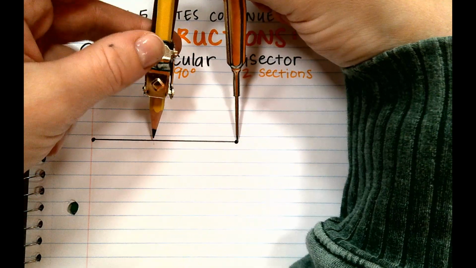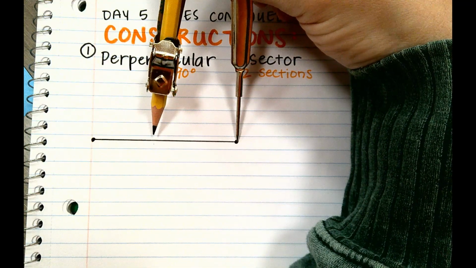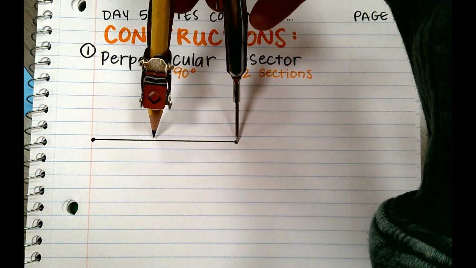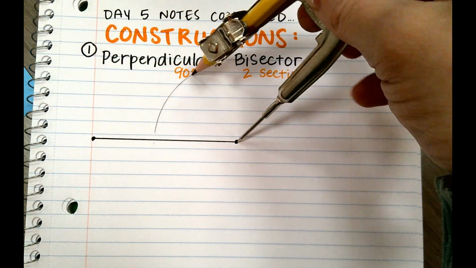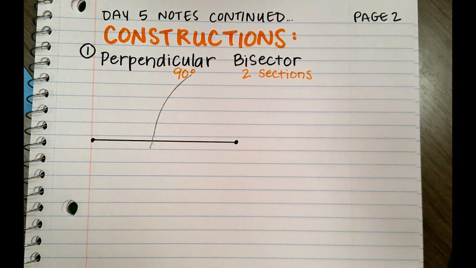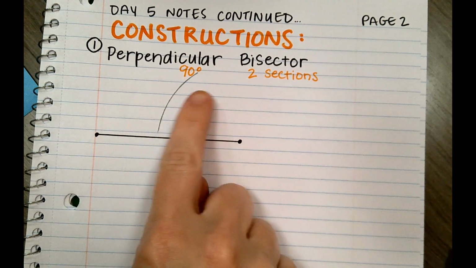I want this to be open more than half of the line segment. From that point, we keep it open at the same length, and we're going to mark an arc like this. Oops, that's why I gotta be careful. I messed up. So I've made a little arc.